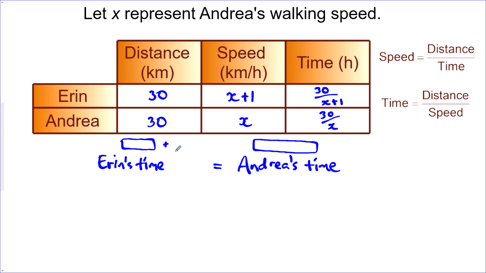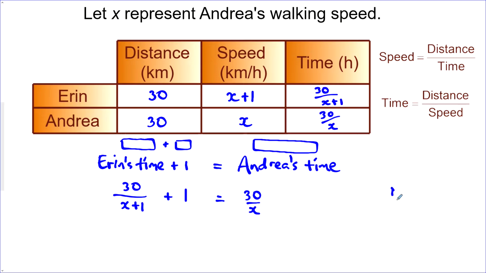That means that we need to add the extra hour onto Aaron's time so that they're equal. So now we can use Aaron's time that we made in the table here, 30 over x plus 1, plus 1 extra hour, is equal to Andrea's time of 30 over x.